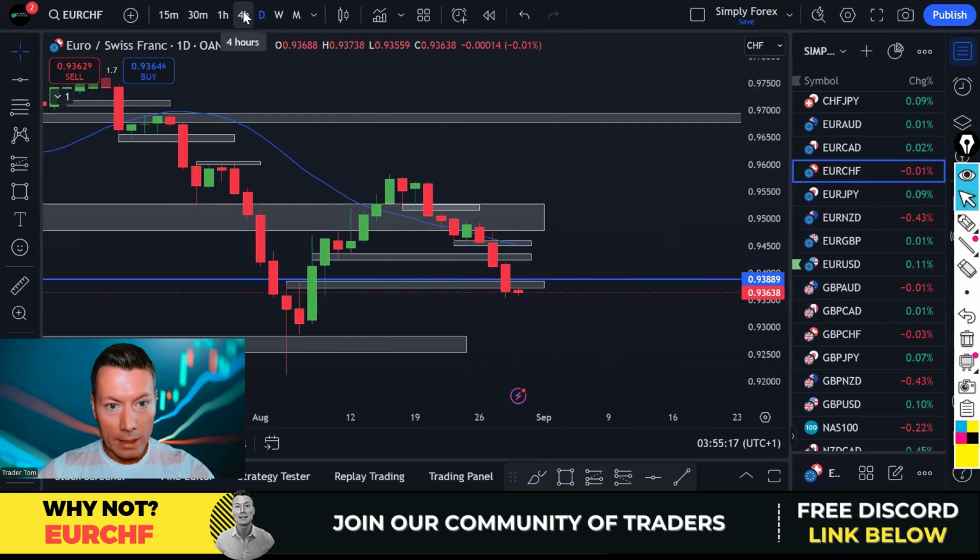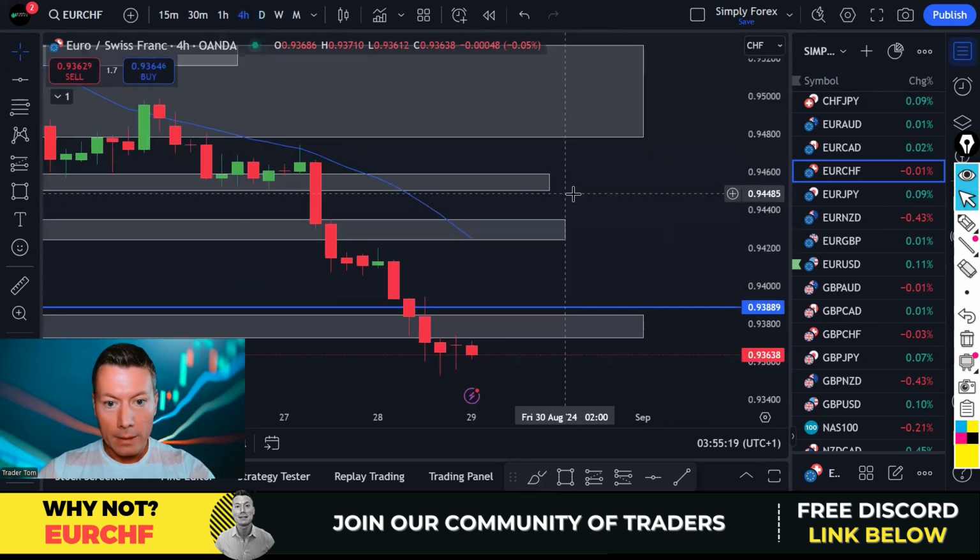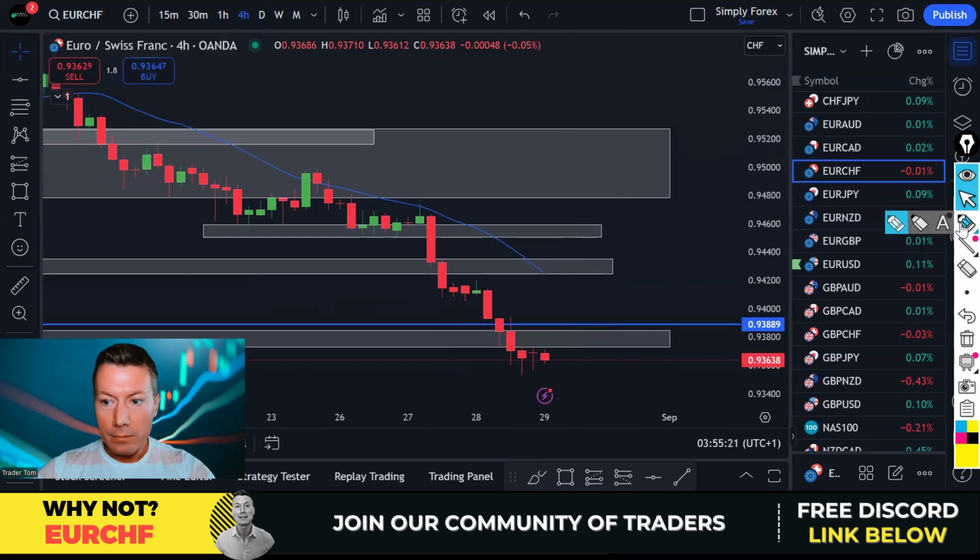Well, if you drop down to the H4, the day started around here, okay? And as you can see, price is not at any support or resistance level. These are my support and resistance levels. And at this point, it's nowhere near the moving average 20, right?